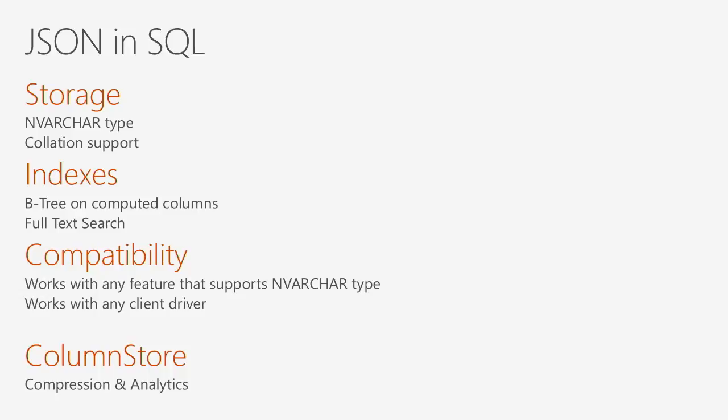If it's a really big hunk of JSON, it'll say I'll do compression on that individual value. If it's lots of little bits, then it'll do aggregated compression on that stuff and get your size down and let you do segment elimination and all of the other good things that column store does for you.